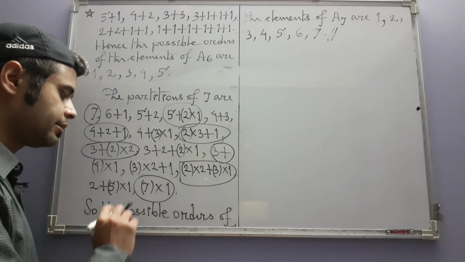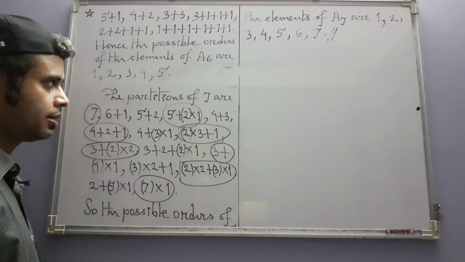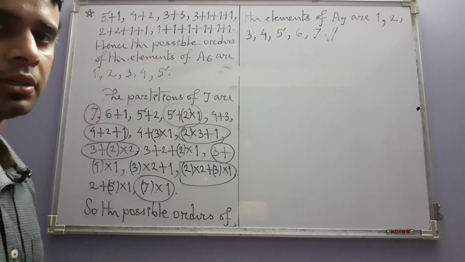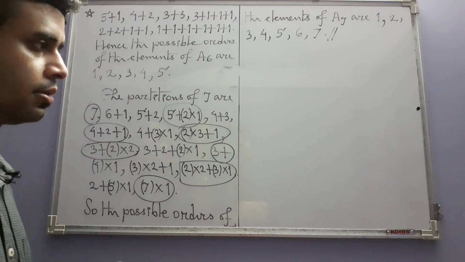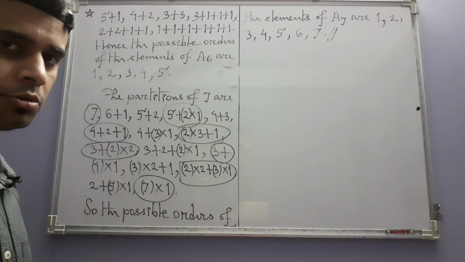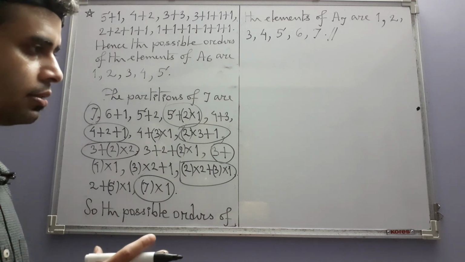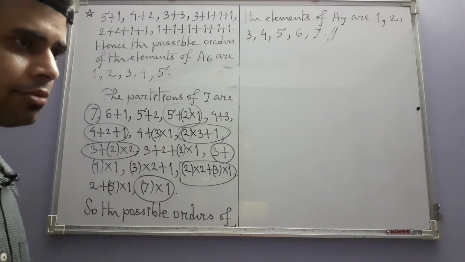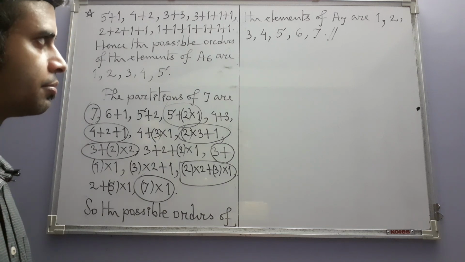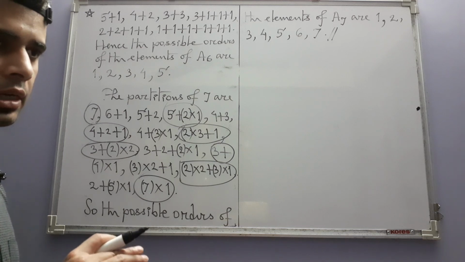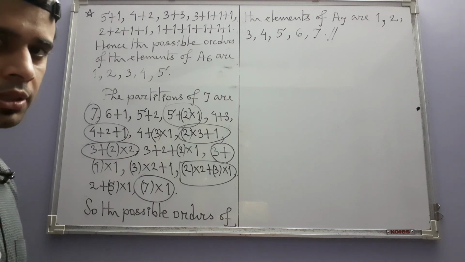And I said that there is something else to say about the partitions. How do you find the partitions in the first place? That answer can be found in any good number theory book where you have a treatment of partitions. So we are not going to say anything on that because that is not actually group theory.